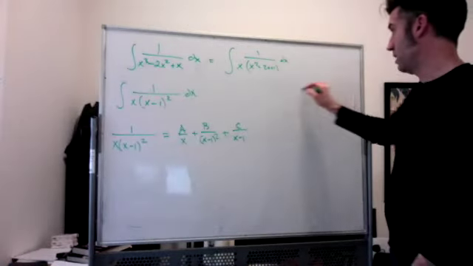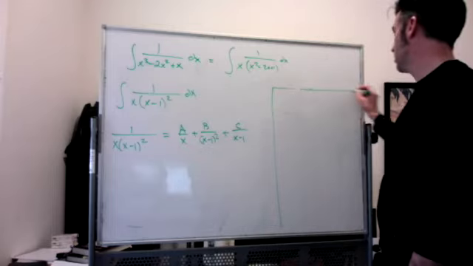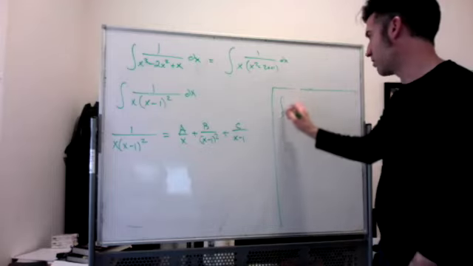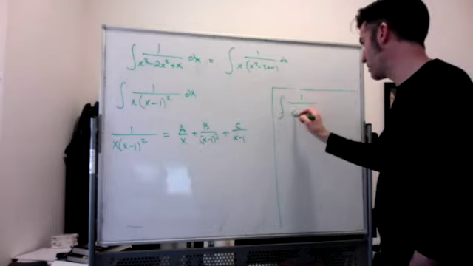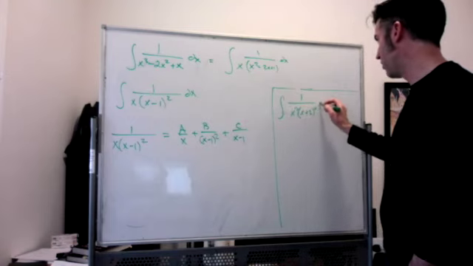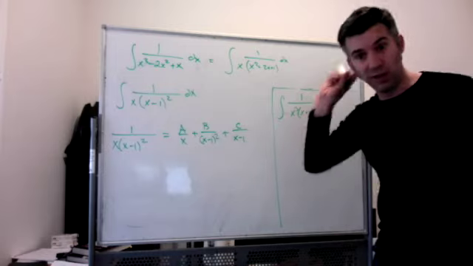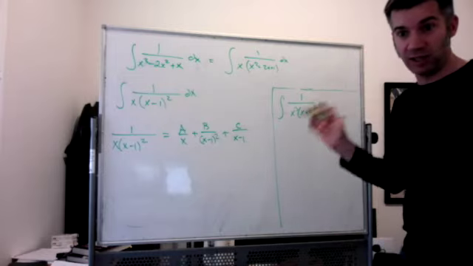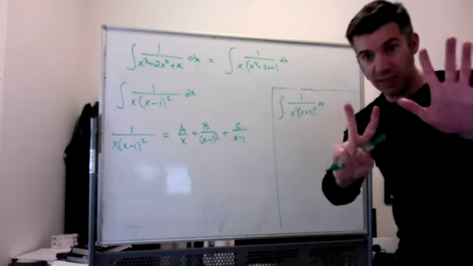So just for argument's sake, if you had something stupid, like the integral of 1 over x cubed times x plus 2 to the 4th, we're not going to do this one, but if you were going to write out the partial fraction decomposition, it would need 7 pieces.